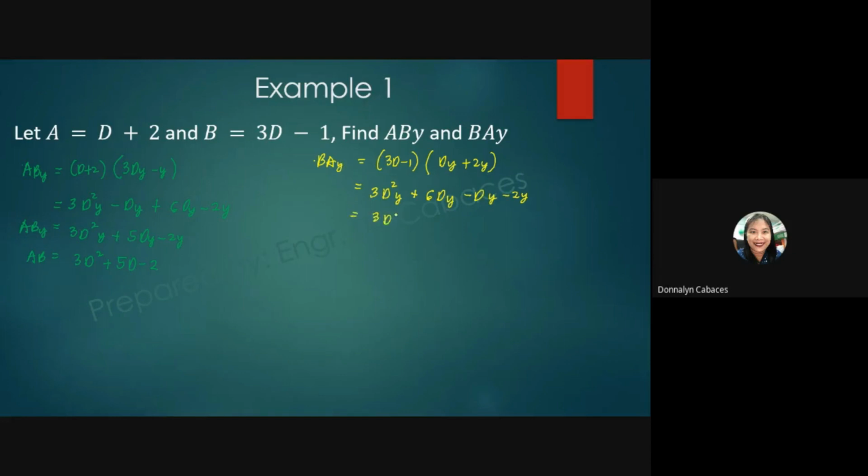Simplifying, you have 3D squared y plus 5Dy minus 2y. That is your BAy, and therefore BA is equal to 3D squared plus 5D minus 2. Comparing your AB and BA, they are found to be equal. Take note again that it is true if you have constant coefficients: AB is equal to BA.